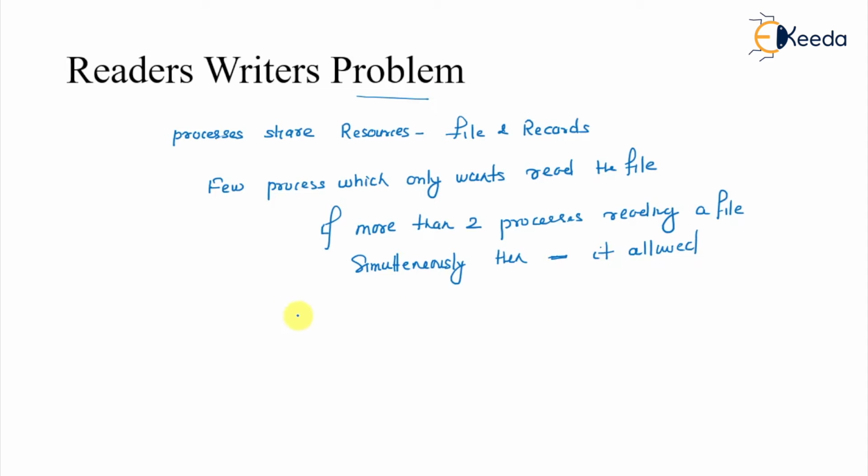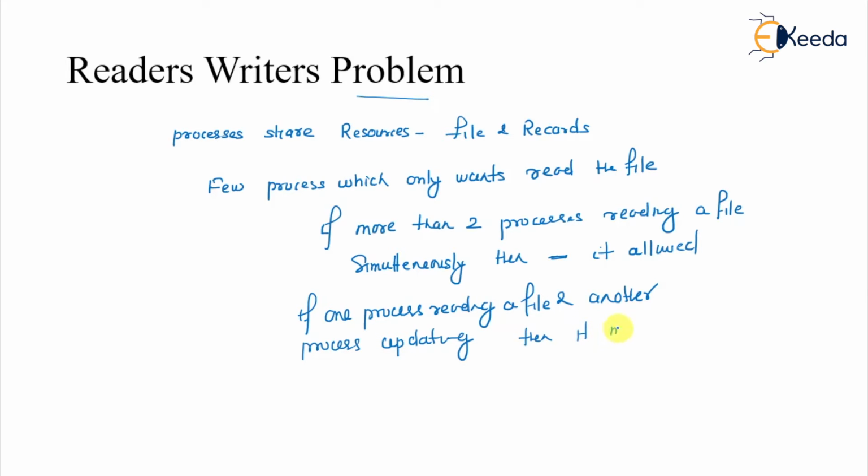But if one process is reading a file and another process is updating the file, then it may result in an adverse condition, and that is nothing but inconsistency may occur.